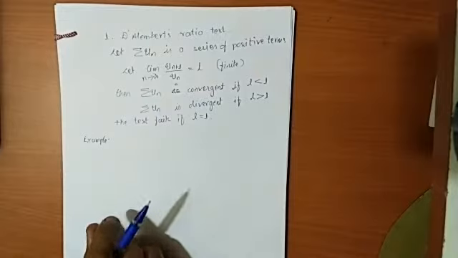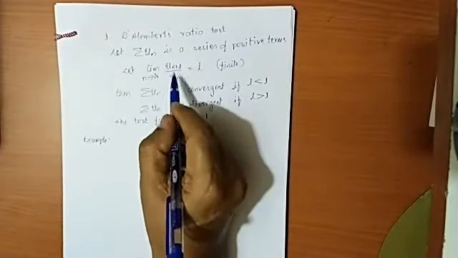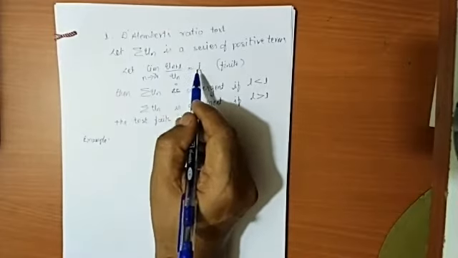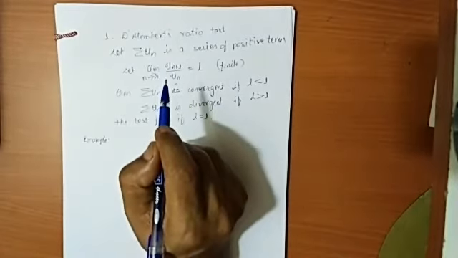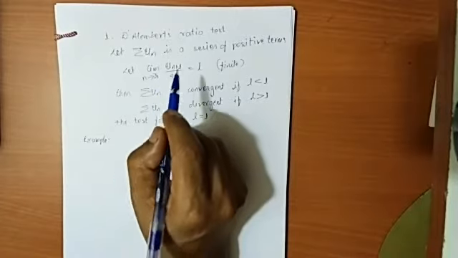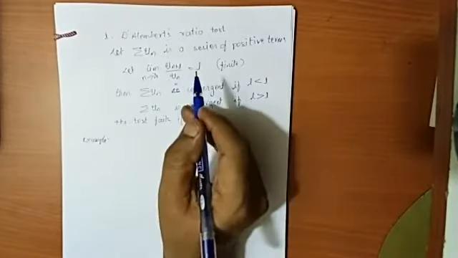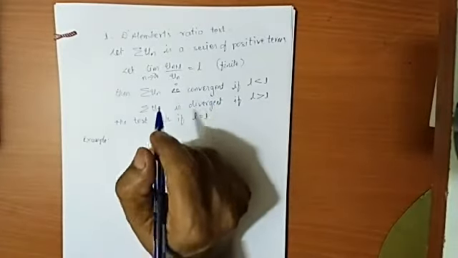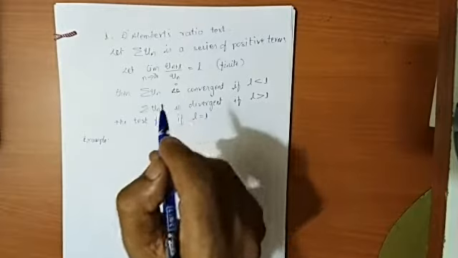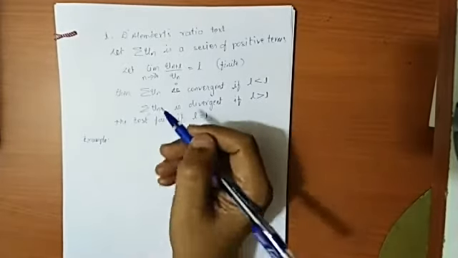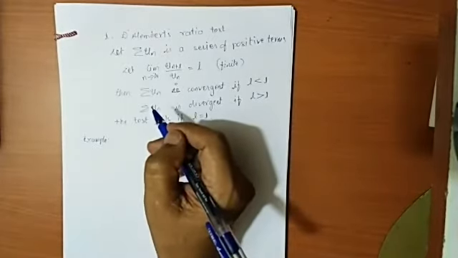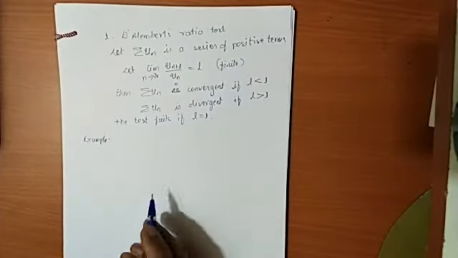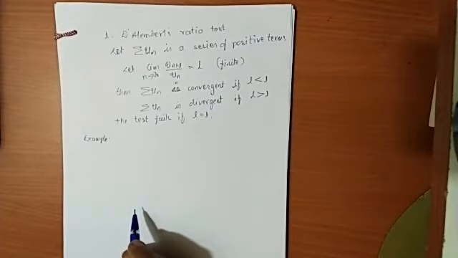Then you have to find out the nth term, then the n plus first term, find out the ratio, then the limit as n tends to infinity. If un is given directly, there is no problem.